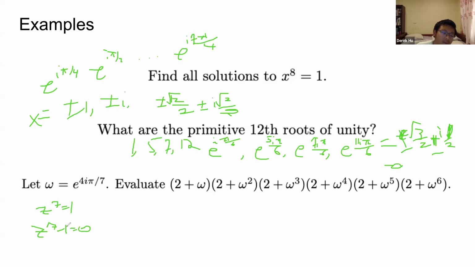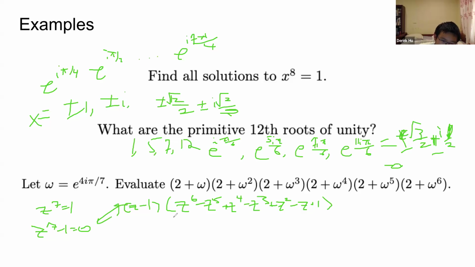Notice that this is factorable since z equals 1 is a factor, so we can divide this by z minus 1. And then we just factor it, and it gives this polynomial. And then these two are equal.